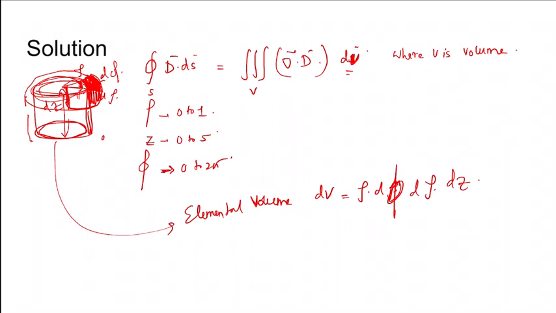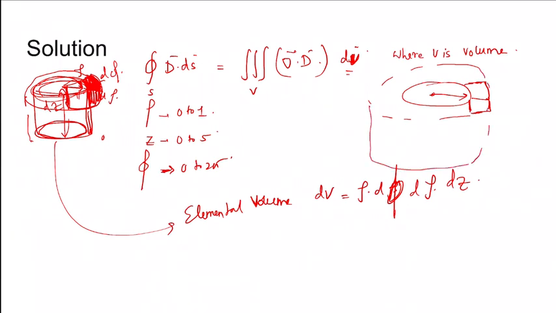This is the elemental volume: you have rho, then d rho, then d phi, then dz.